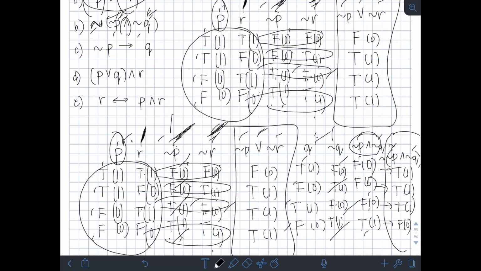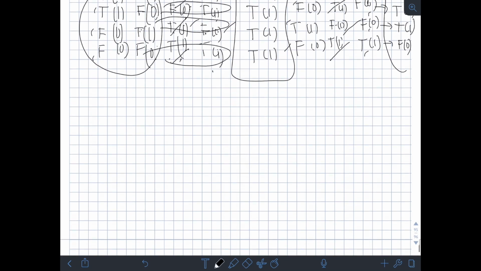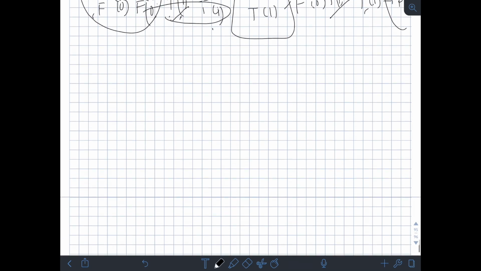Okay, next we have not P, then Q. Sige, gawa na lang ulit tayong panibagong table para mas malinis. Dahil meron tayong involved na P at Q, gawa tayo ng column for P and Q. And then, dapat meron din tayong column for not P kasi meron tayong negate P, right?